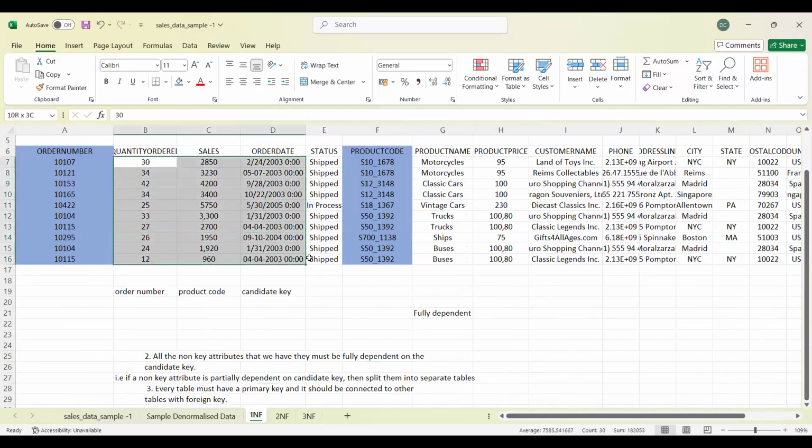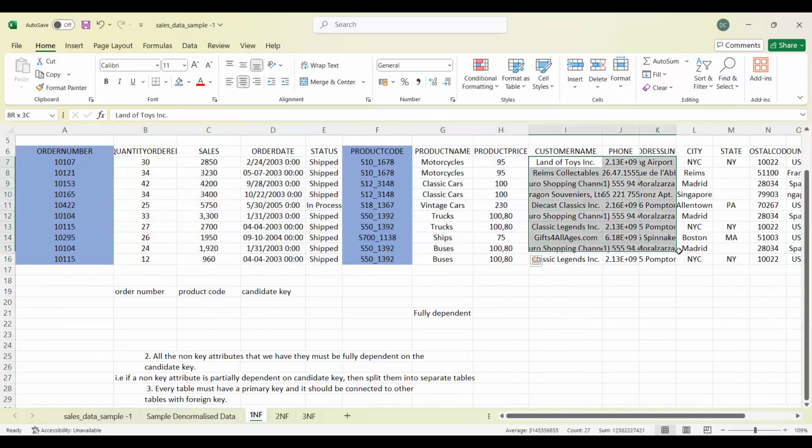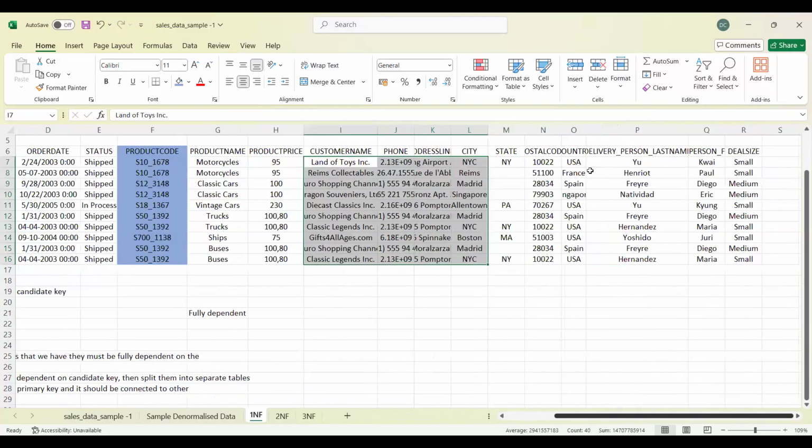Order details are partially depending on the order number, product details are partially depending on the product ID, and customer details are partially depending on the order number. For this order number only, we can know these customers. Like that, it's partially depending, not fully depending.